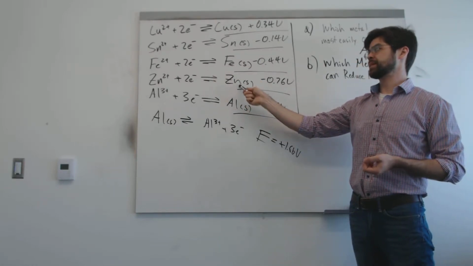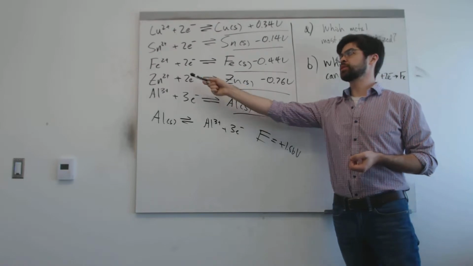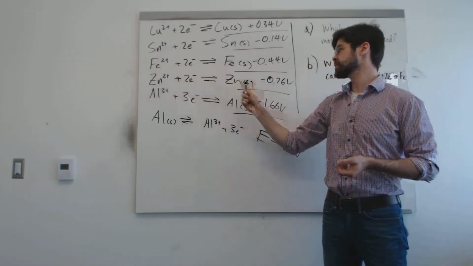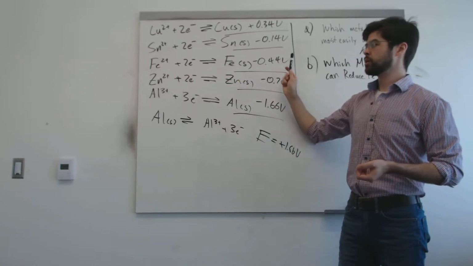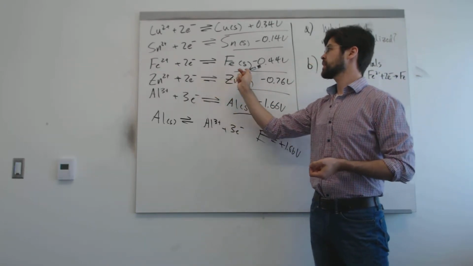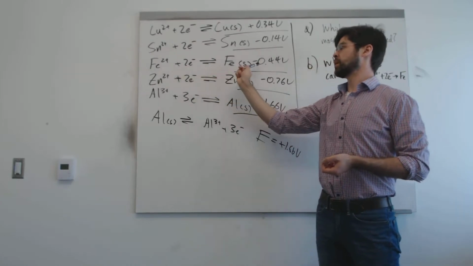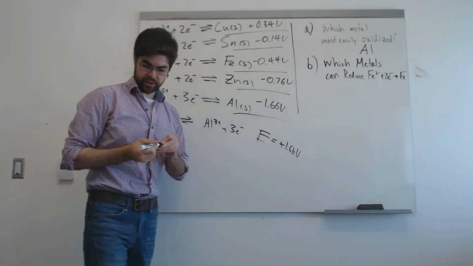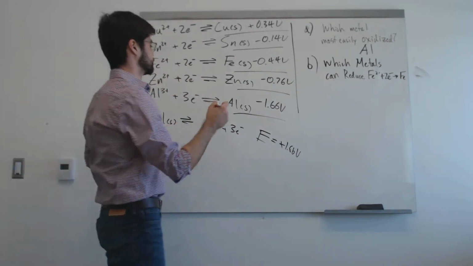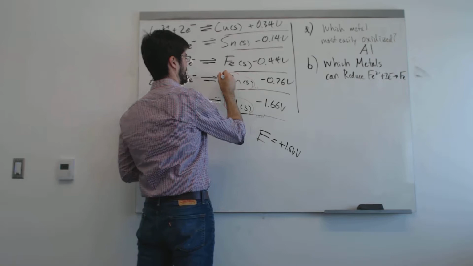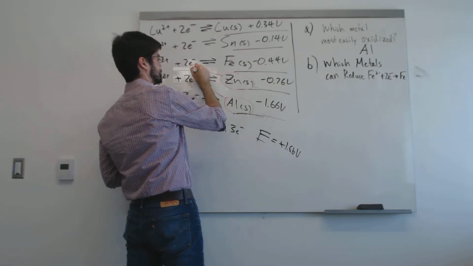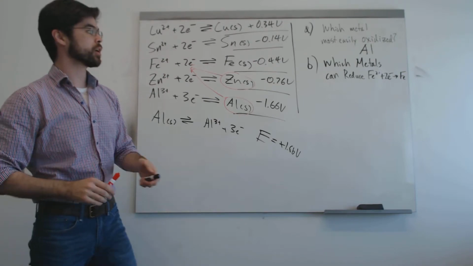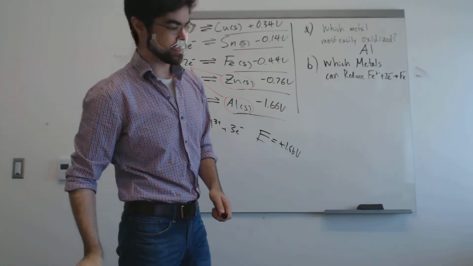Similarly, I expect zinc, if I place zinc in contact with iron 2 plus ions, zinc will very happily lose electrons, and then this sign will become plus 0.76, and then electrons will be accepted onto iron. So generally, I would say that these two metals will kick up electrons to iron 2 plus. So those are capable of reducing these.